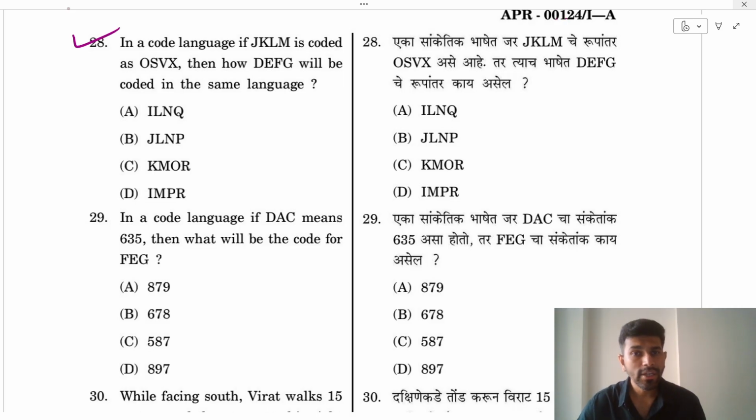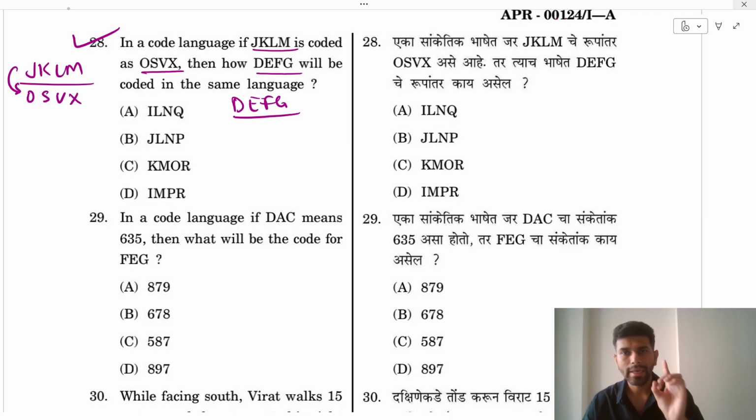Next, in a code language, JKLM is OSVX. Then how will DEFG be coded in the same language? JKLM is coded as OSVX. So J to O, JKLMNO, plus 5.